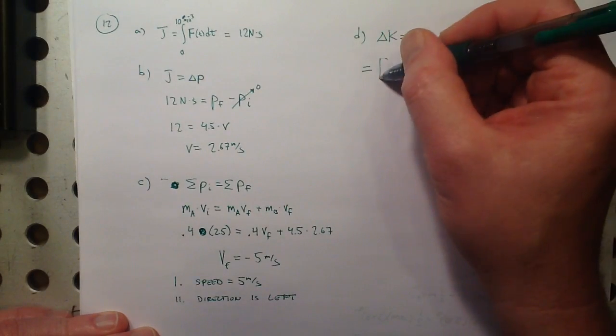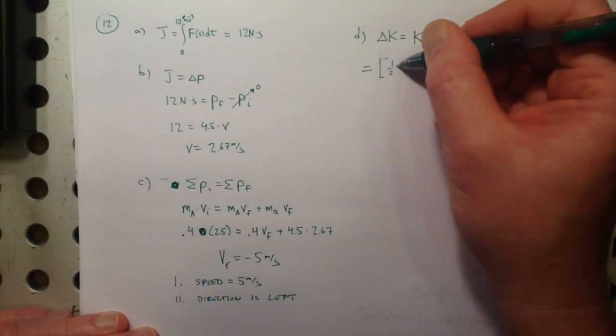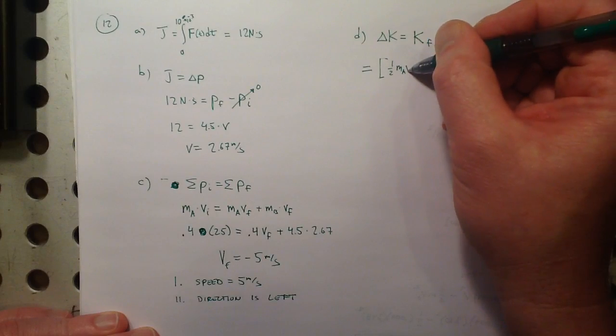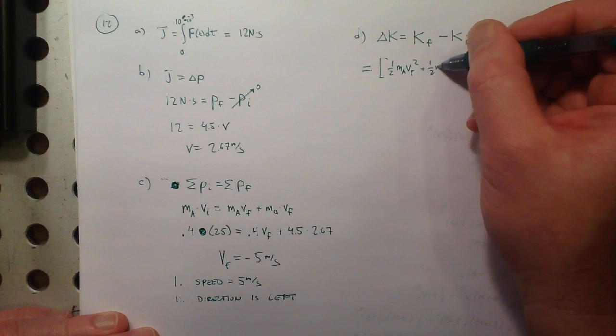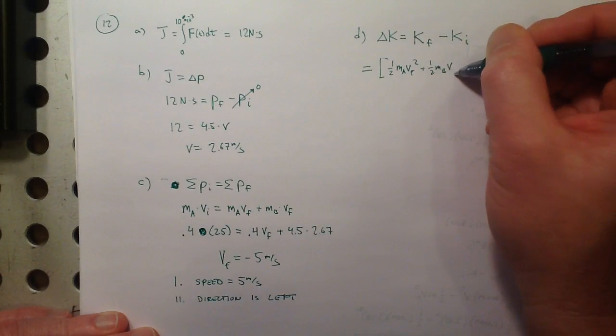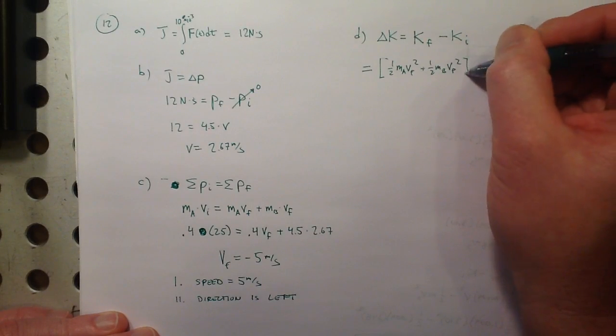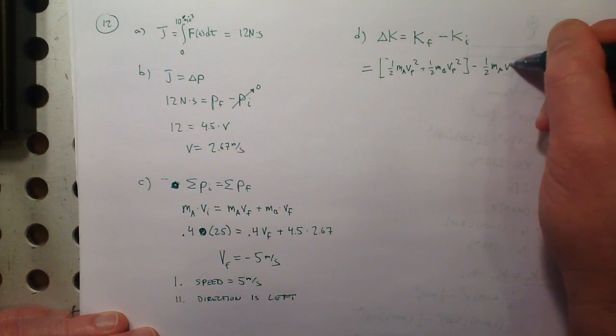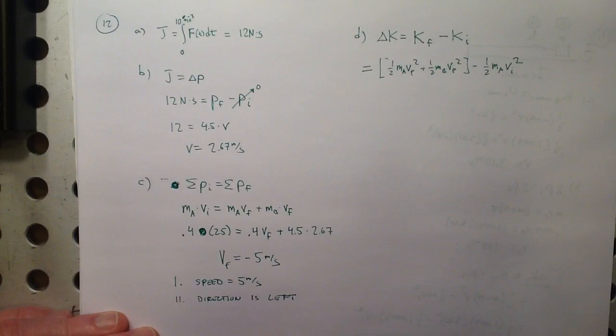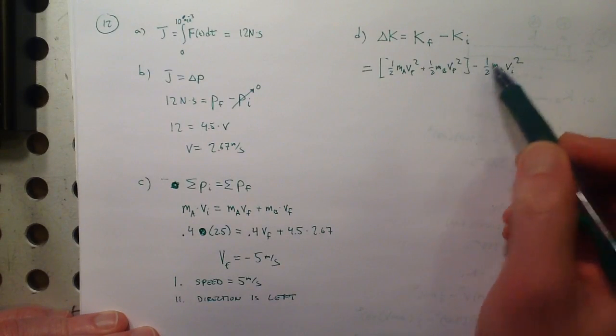So the final kinetic energy is 1/2 mass of block A times its final velocity squared plus 1/2 mass of block B times its final velocity squared, minus 1/2 mass of block A times its initial velocity squared. Right? That's the energy after, that's the energy before.